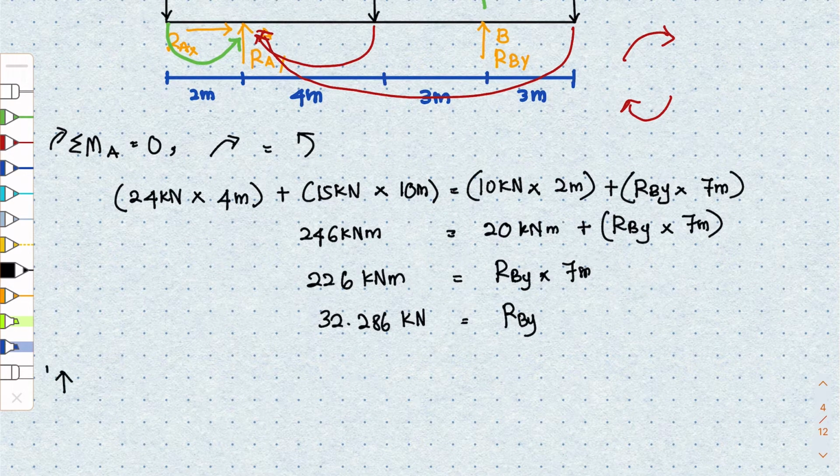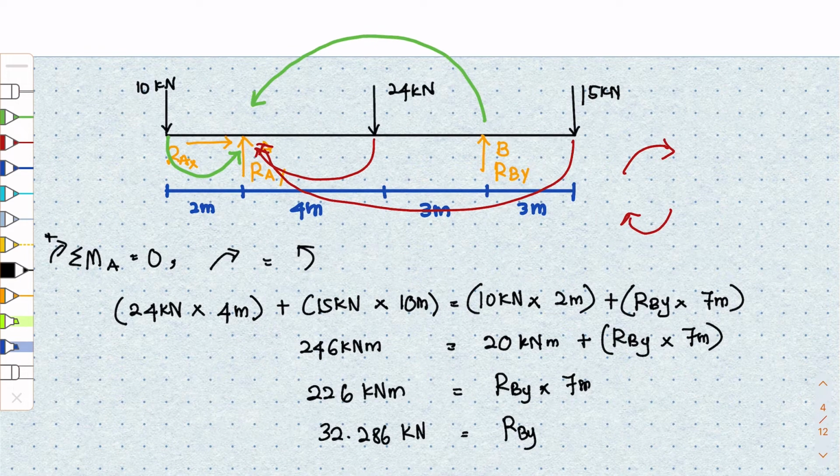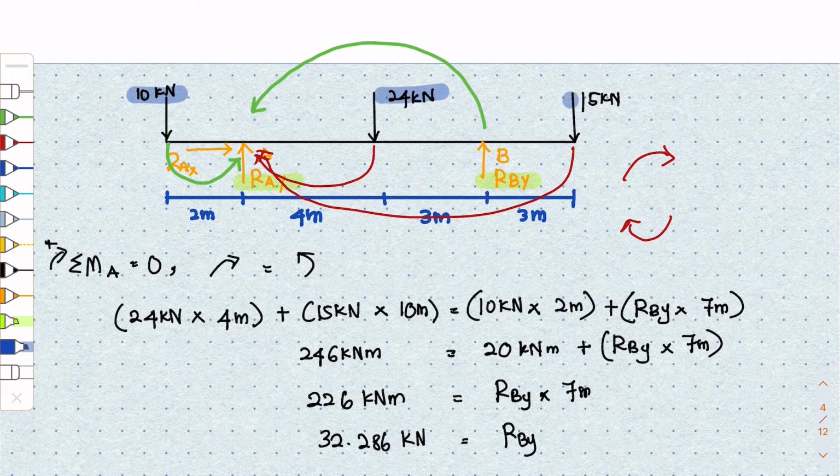So, kita buat total force arah Y is equal to 0, force going up equal to force going down. So, kita akan tengok mana satu force yang naik ke atas. We have RAY and RBY, whereas force yang going down is 10 kilonewton, 24 kilonewton and 15 kilonewton.